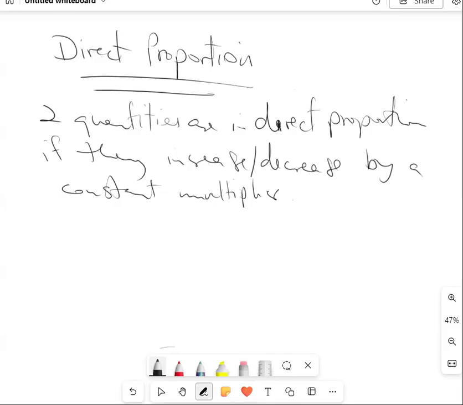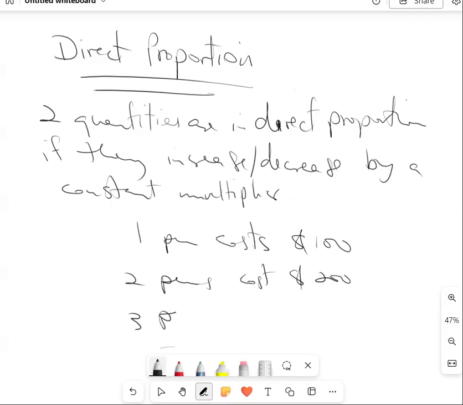Just like I had just now, a case where 1 pen costs $100, 2 pens cost $200, 3 pens cost $300. This is a good example of direct proportion in that when I double the number of pens, the price is doubled. When I triple the number of pens, the price is tripled.